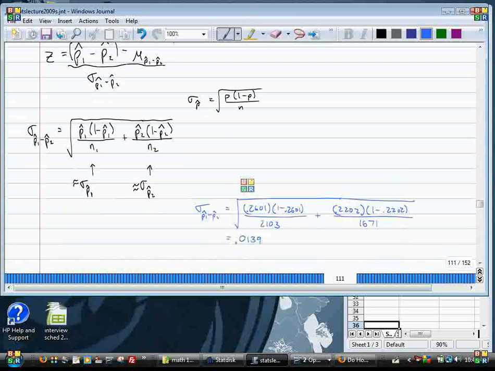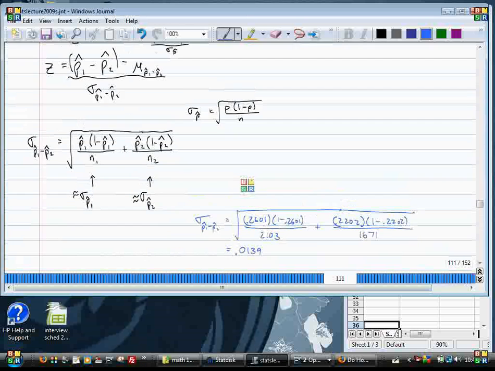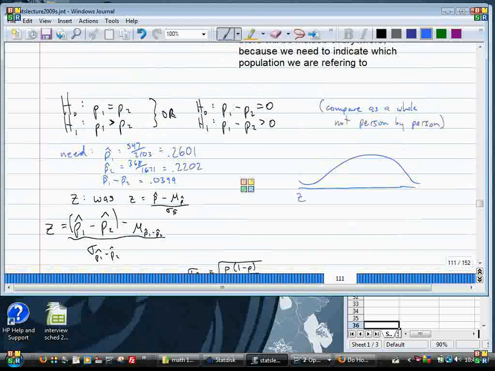So now let's go back and fill in our picture. So first of all, we've got Z. Now, how do we label the second row? We used to label it P hat. What are we going to label it now? P1 hat minus P2 hat, exactly.